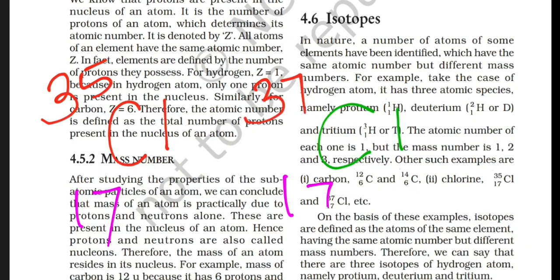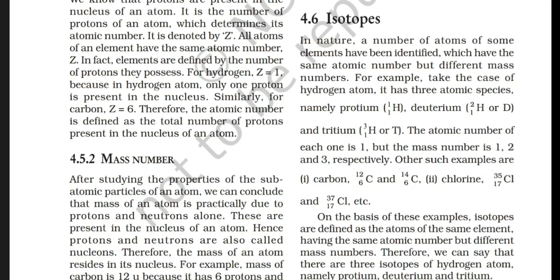So this is known as the isotopes. So in simple language, what is the isotopes? This word isotope comes from Greek words, isos and topos, which mean same place. So this isotope term is derived from Greek words which mean same place.